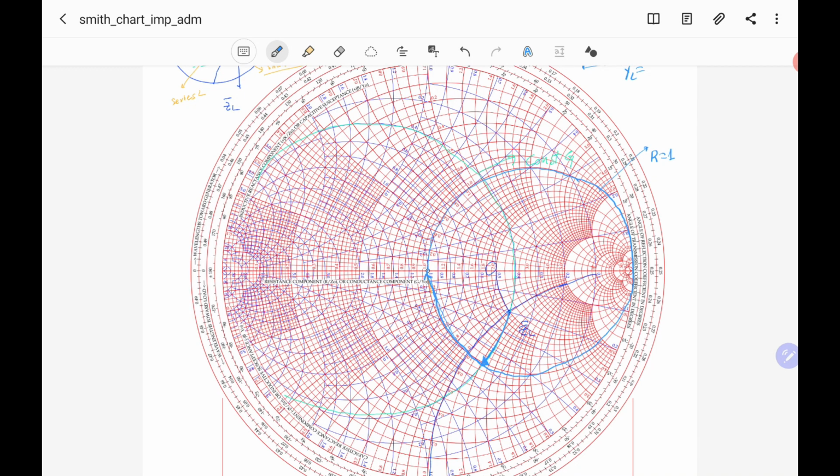This position provides 0.4 for G, and this one is 0.2.